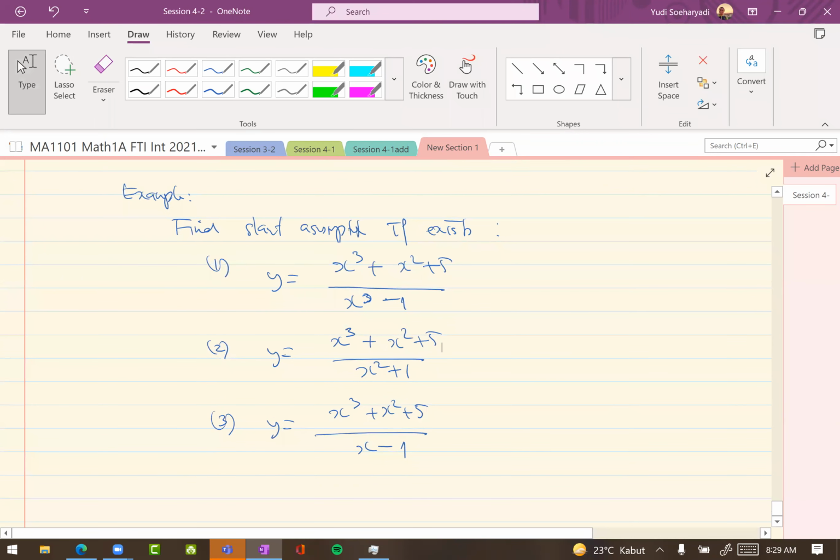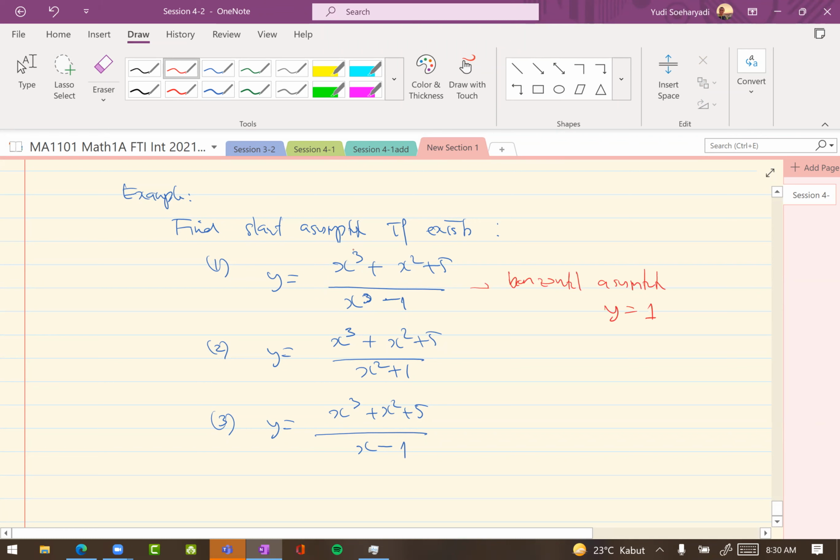All right, so let's see here. Numerator is power 3. This is power 3. All right. So you have asymptotes, but it is not a slant asymptote. You see, this has a horizontal asymptote, y equals 1, because this has the same power.